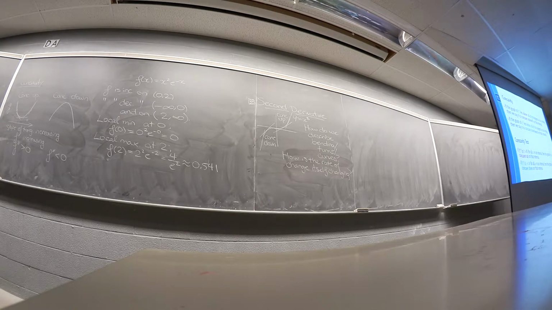If the second derivative is negative, then the graph of f is concave down. The sign of the first derivative told us if we're increasing or decreasing. The sign of the second derivative tells us if the first derivative is increasing or decreasing, and therefore if f is concave up or concave down.